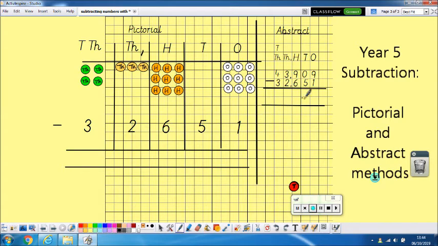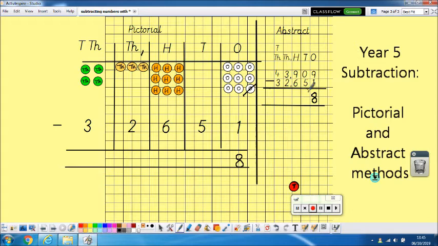So I've got 9, take away 1, so I'm going to show that by crossing off, not rubbing out, but crossing off a 1. So now I can count the difference. What I've got left: 1, 2, 3, 4, 5, 6, 7, 8. 9 take away 1 is 8. 9 subtract 1 gives me a difference of 8.